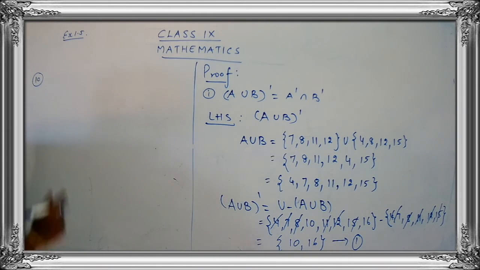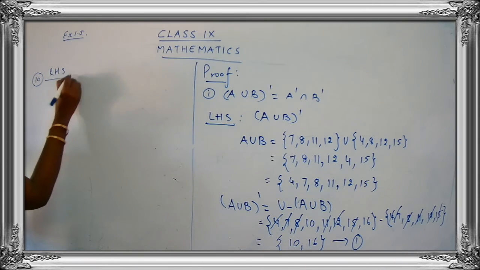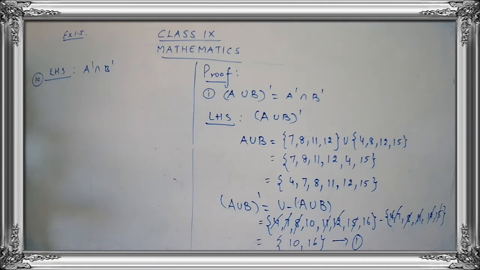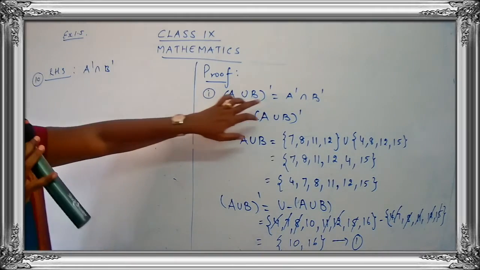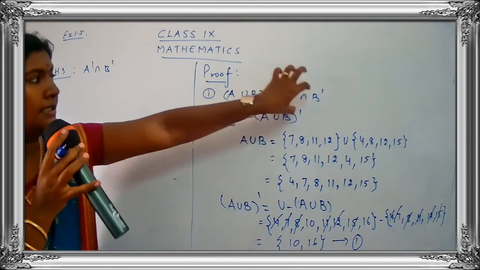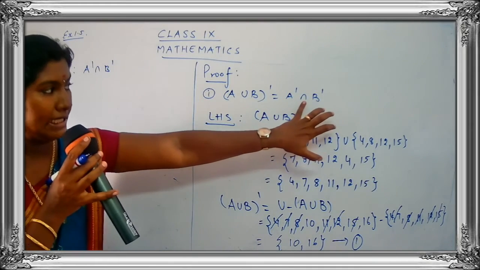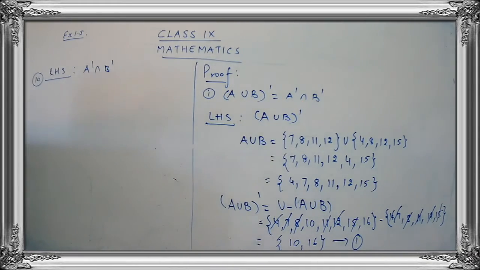Now let us go for the RHS part. I'll write down the RHS. What is the RHS given to you, children? A' intersection B'. You know the meaning of RHS? The term which is lying on the right side. So here I am going to find A' first. You can find it directly or using the formula.